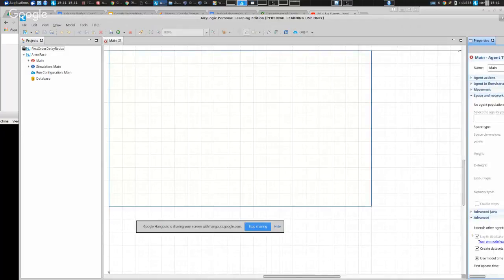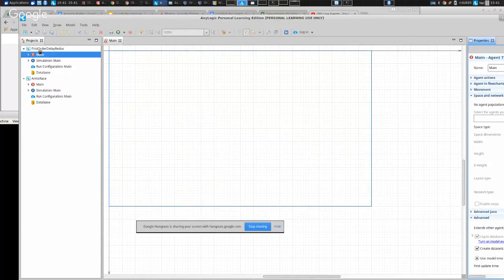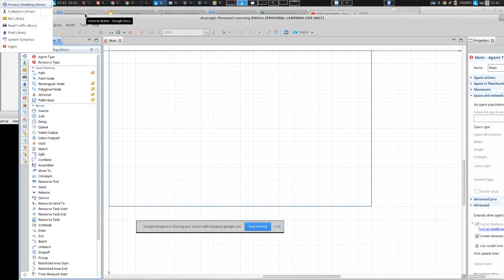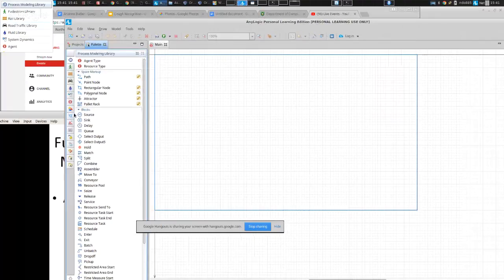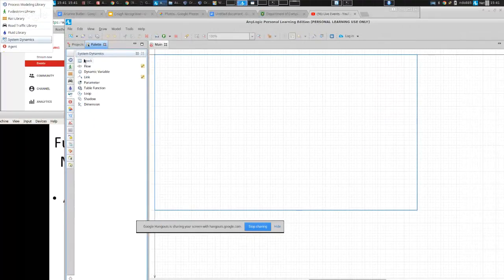And we are going to create a stock, and that stock is going to have an outflow. The value of the outflow will depend linearly on the value of the stock. Okay? So here we go. There's main. And we are going to go here to the palette, and we are going to drag in a stock.